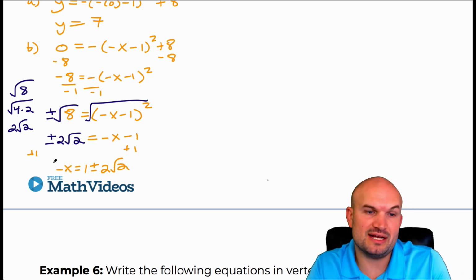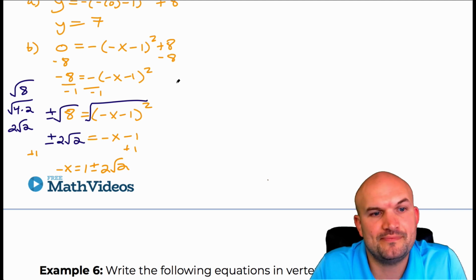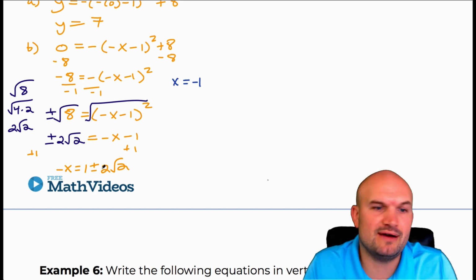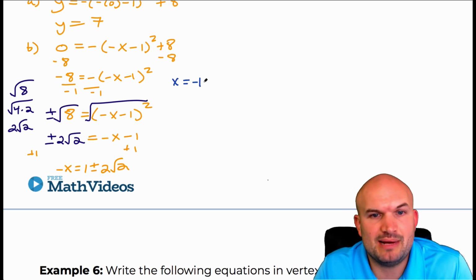But again, we have to solve for x, so we have to divide by negative 1. So therefore, x is equal to negative 1 plus or minus 2 square root of 2. Now again, it doesn't matter plus or minus, because if you multiply by a negative, it's still going to be plus or minus.